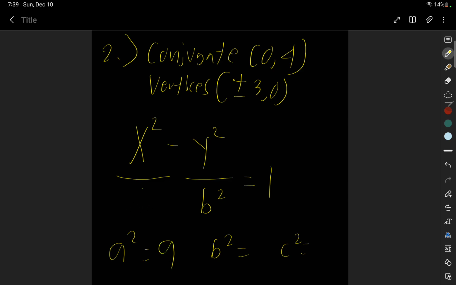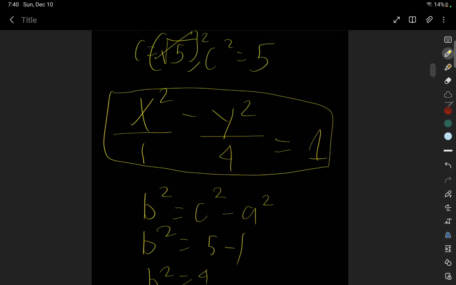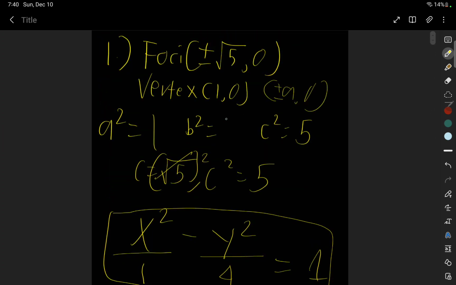So ito, palitan natin ng 9. And sa ating conjugate axis naman, which is the B, ang involved na letter is B. So 4 squared, ilan? 4 times 4, 16. You have your standard equation. Mas yung C squared, wala na yan. Okay? Hindi naman kailangan na-solve yan. So nasundan natin.